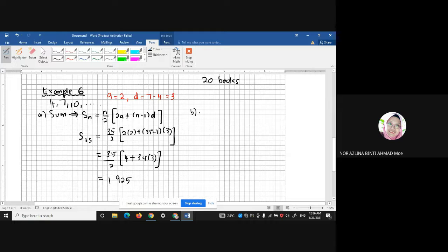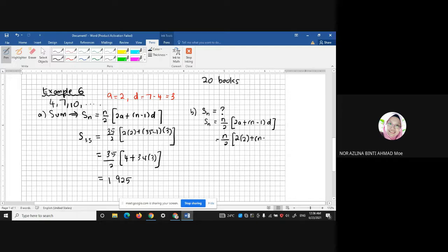Next for (b), the sum of the first n terms. So S_n, the sum of the first n terms. The question actually wants you to find S_n. So we know the formula for S_n is n over 2 times (2a plus (n minus 1) d). So now n over 2, this is 2a, a is 2, because we know the values of a and d.